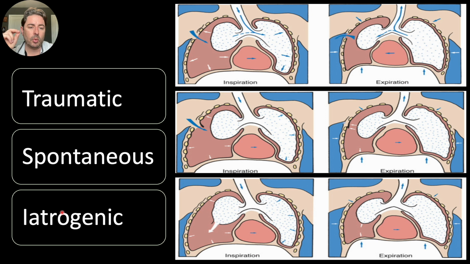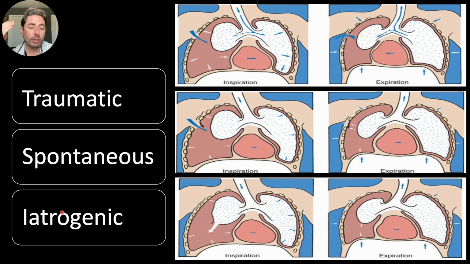This is something that we have to be aware of, especially if we're using tidal volumes that are really large or using pressures that are really large. And even more especially if that patient has a history of COPD, HIV, or ARDS, acute respiratory distress syndrome.